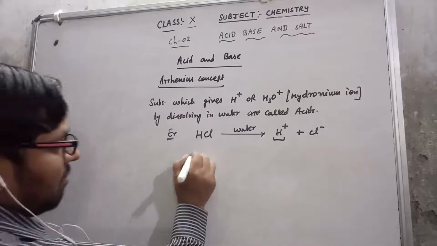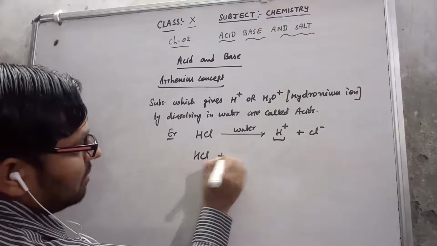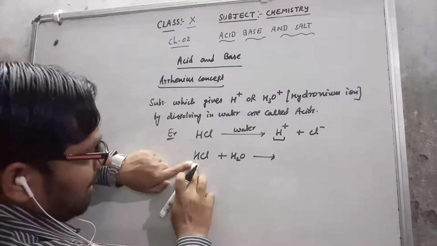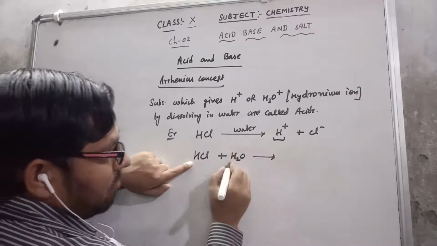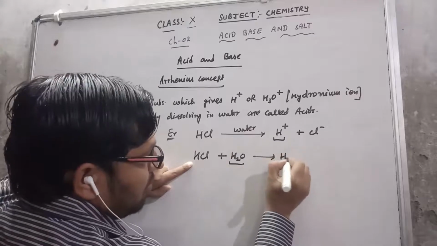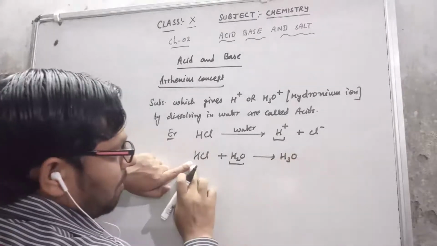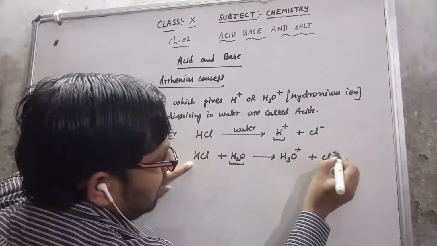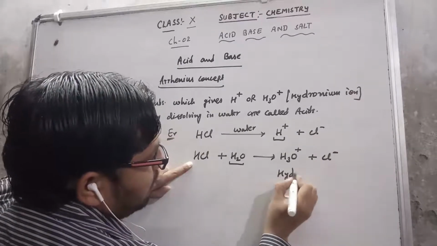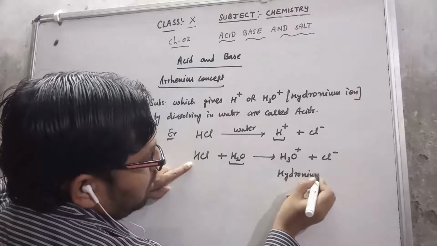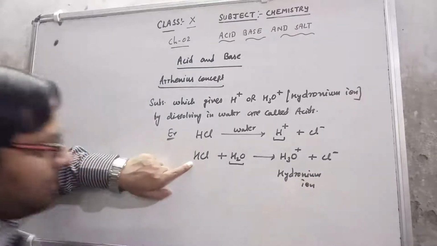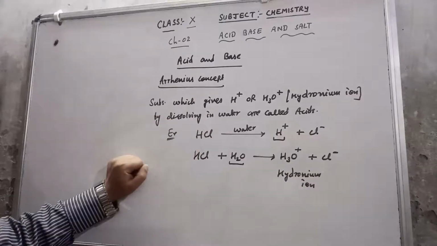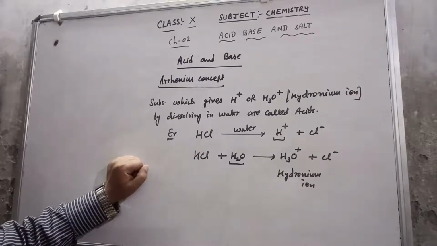The same, if I take HCl and it reacts with H2O, then this H ion reacts with H2O and gives us H3O positive, the positive charge on the hydrogen ion coming onto this, and Cl negative. This is the hydronium ion. So whenever any substance gives us hydrogen ion by dissolving in water, it is called an acid.